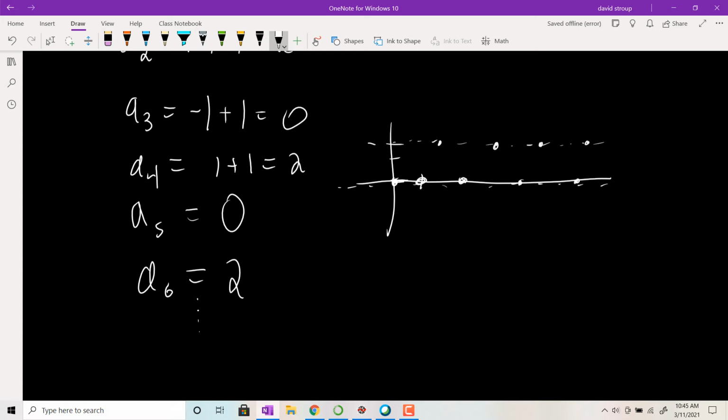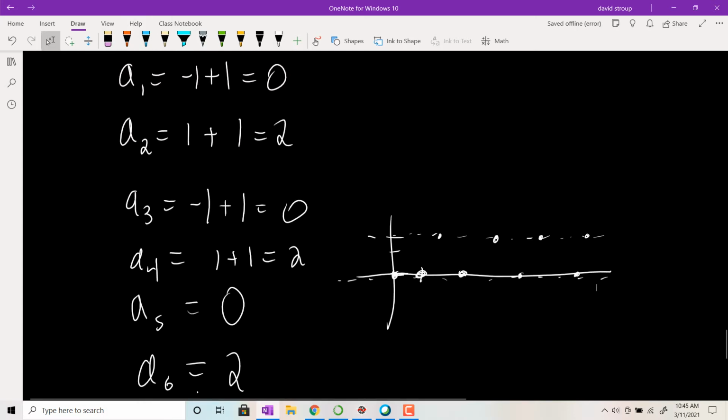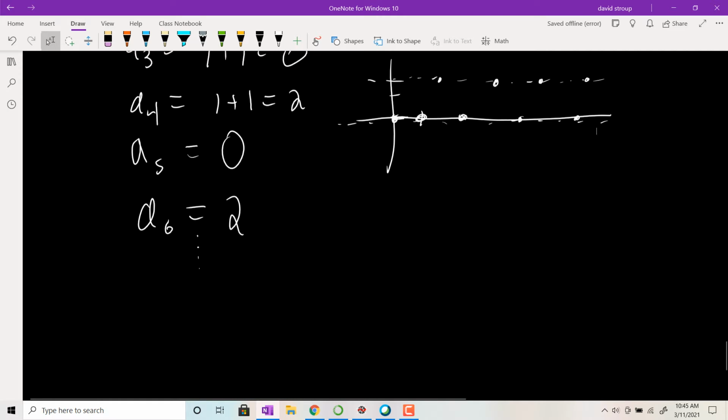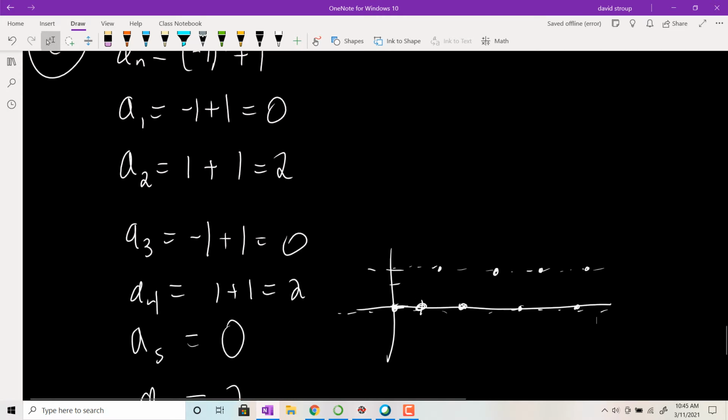communicate to your grader. So what I suggest people do is to look at what we're dealing with here. The even terms, I'll just say A sub even, the even term formula is what? Well, here's 2, it's always 2, right? So you could say A sub even is 2, and then look at A sub odd.